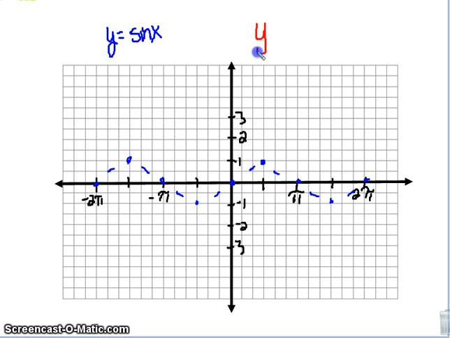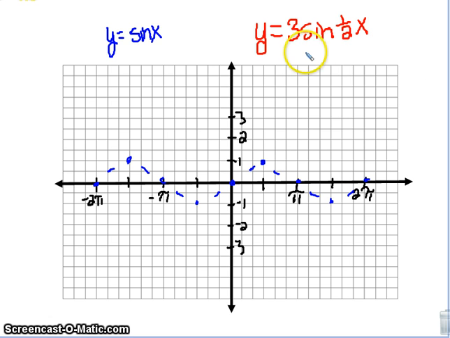And what's going to happen if I give you y equals 3 sine of 1/2 x? Y equals 3 sine of 1/2 x.